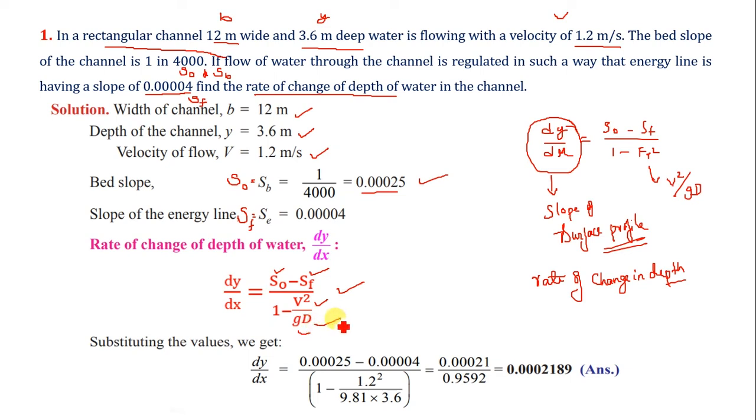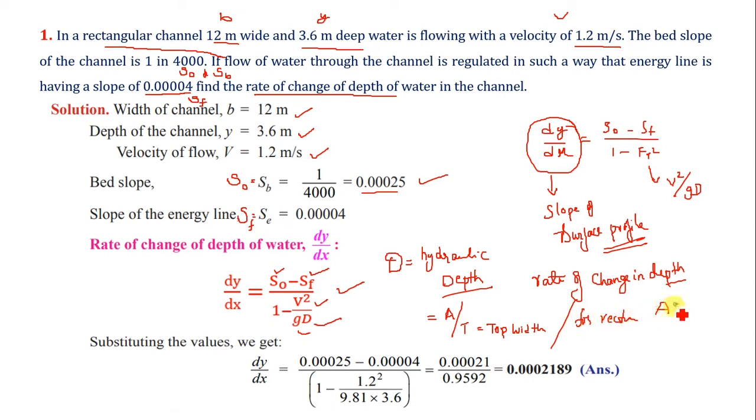And capital D is the hydraulic depth, which equals A by T, where T is the top width. For a rectangular channel, area A equals B into Y and top width T equals B. So D equals B into Y by B.